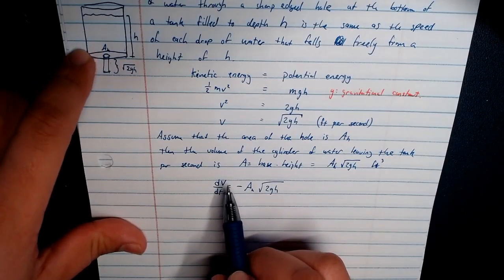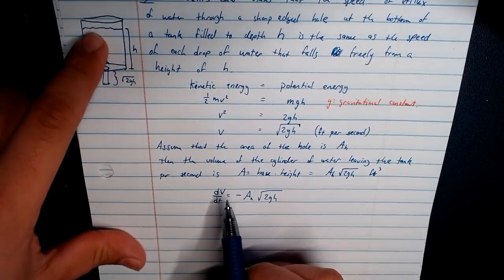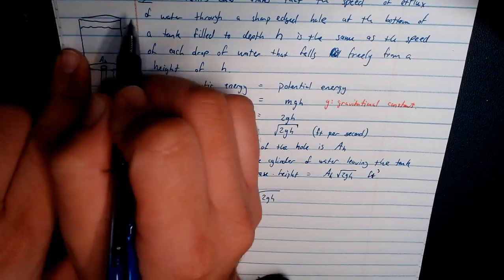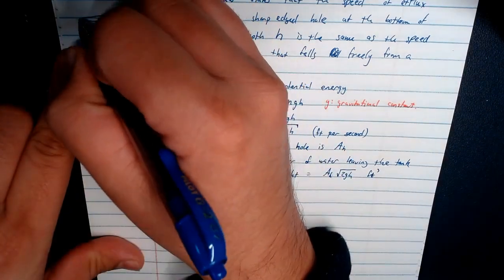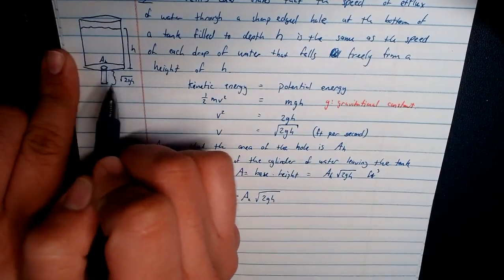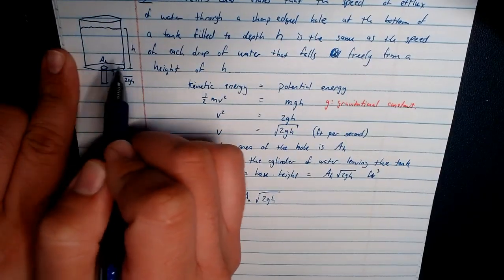Now, if you wanted to model the height instead of the volume, there's a very small change that you need to make here. Since this is a cylindrical container, let's assume that the base, which is the same at the top or the bottom, I'll label it up here, but it's the same as down here.